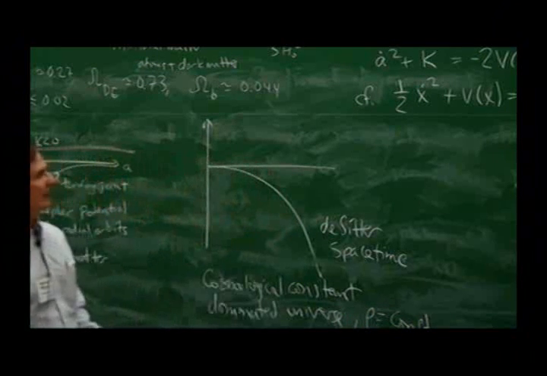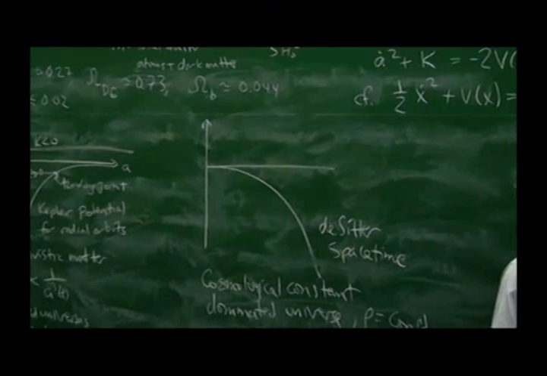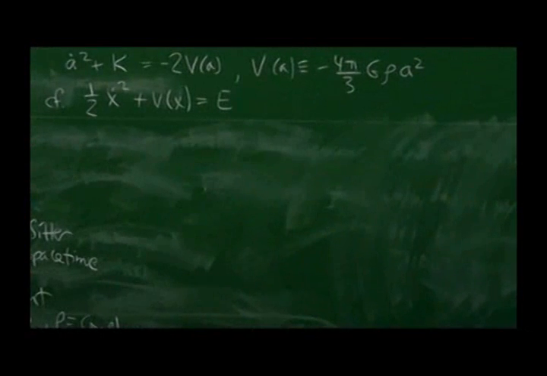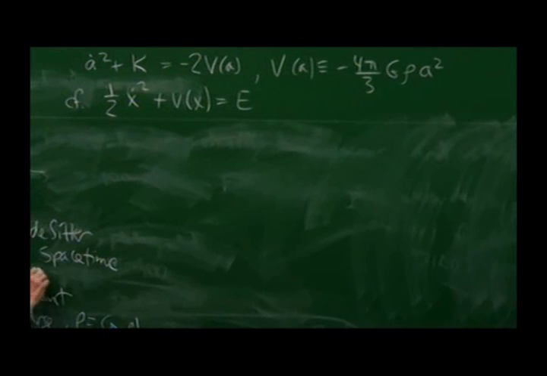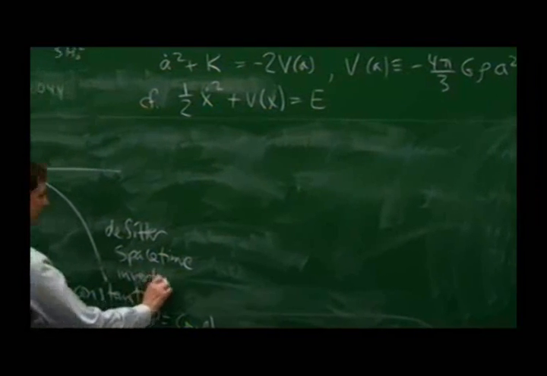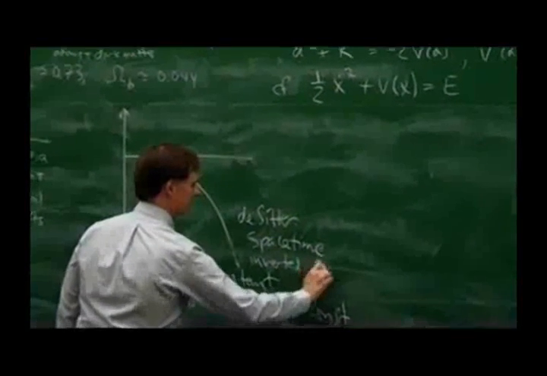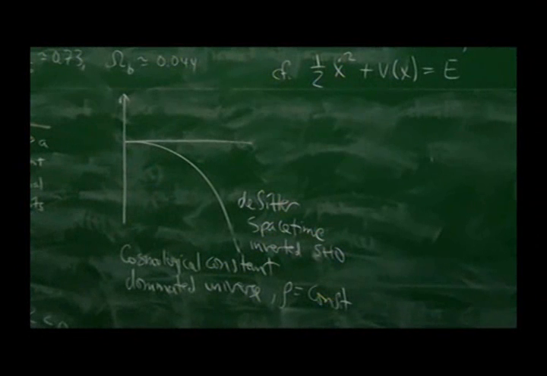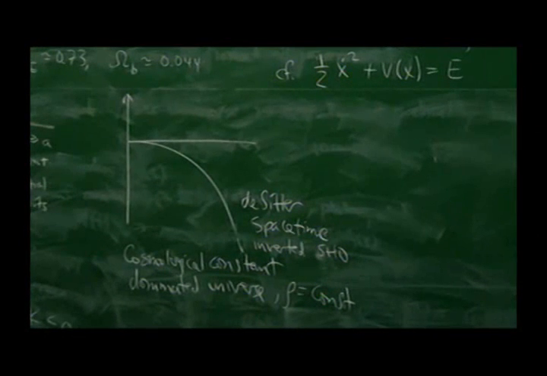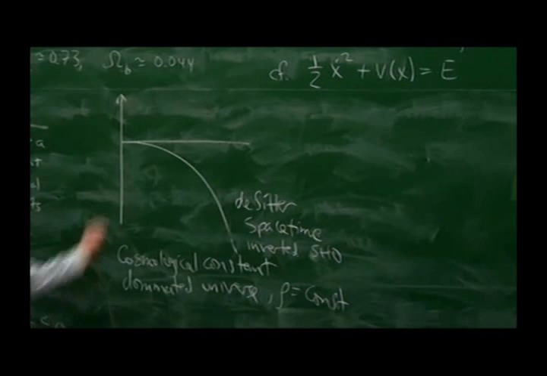So here rho is a constant, and now V of A is proportional to minus A squared. It is an inverted harmonic oscillator. Of course, the motion is not harmonic motion. You can again draw the different curvature lines.